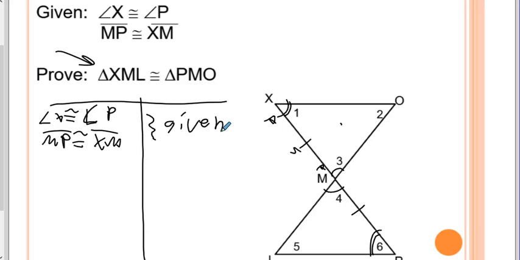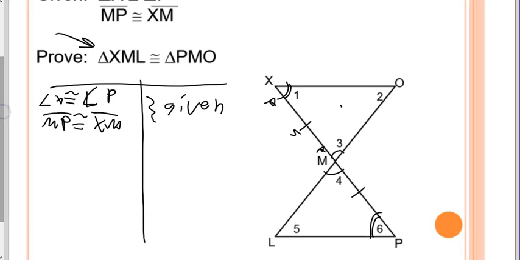Now, we have to state what we were given, but that we know. We know those two angles are vertical angles. We know they're equal to each other. Now, in this case, since there are numbers, we can just say angle 3 is congruent to angle 4.